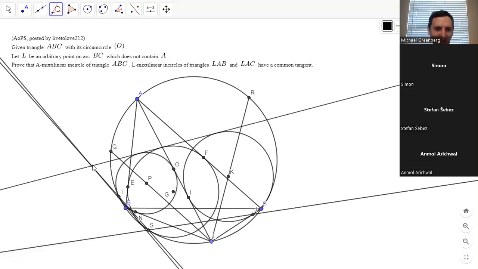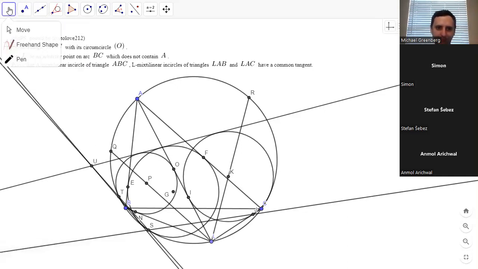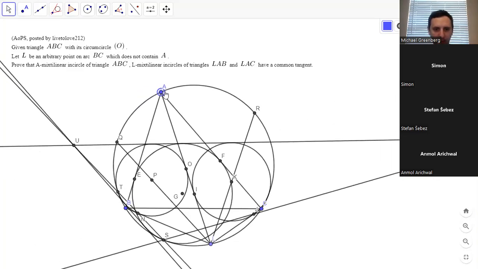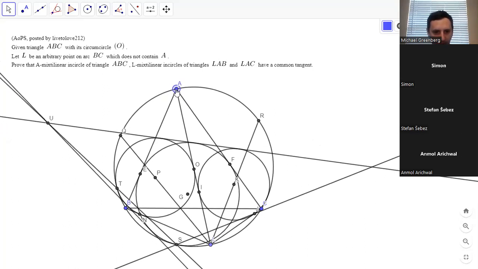Yeah, that's interesting. See how they all concur, but the lines are just so close to each other that it's hard to see that they're even different lines. But so basically ST, the common tangent.